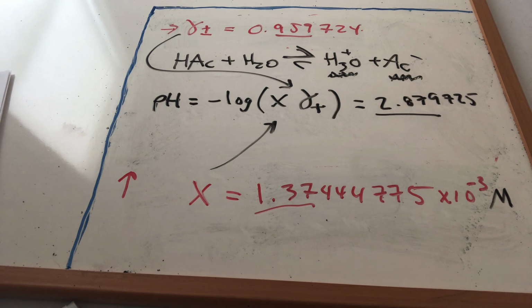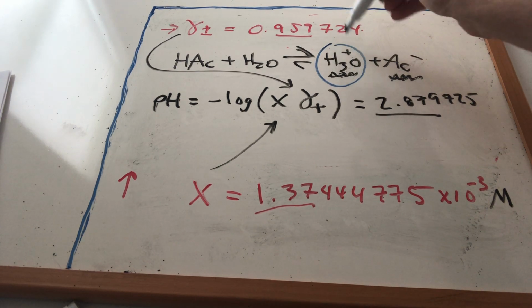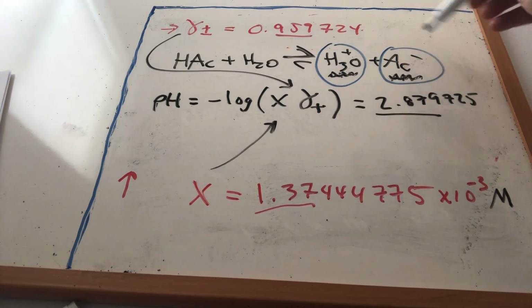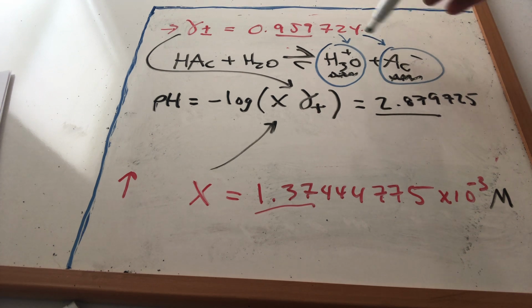This also makes sense, though, when it speaks to the limitations of Debye-Huckel theory. Remember what Debye-Huckel theory says: the activity of H3O plus and the activity of AC minus are definitely not going to be ideal in this case, but the effects of considering pluses and minuses in solution are the same. The activity coefficients are the same.